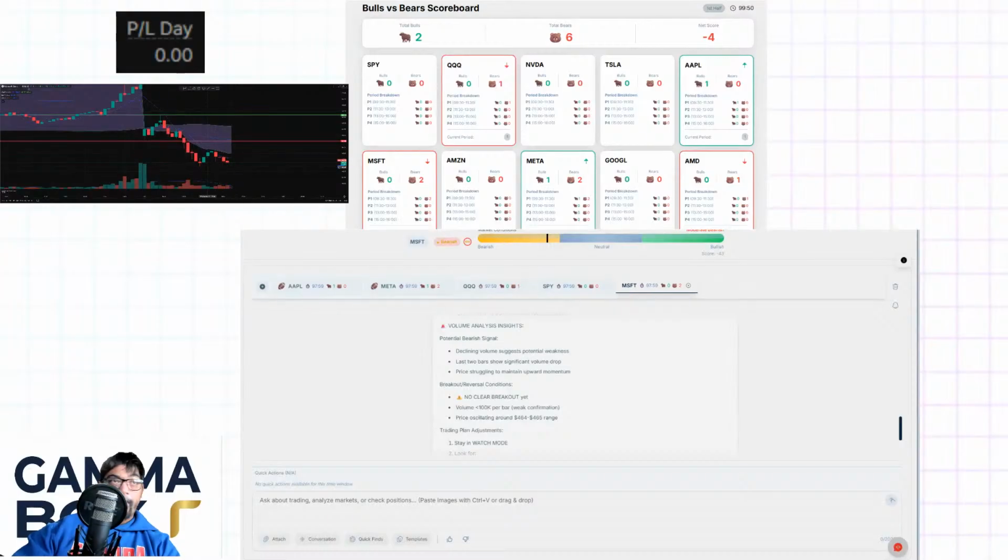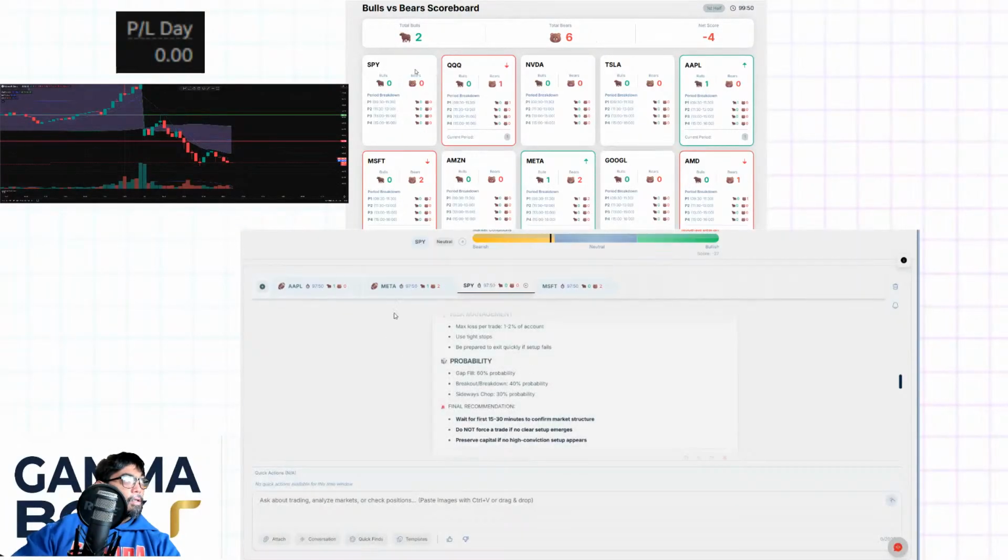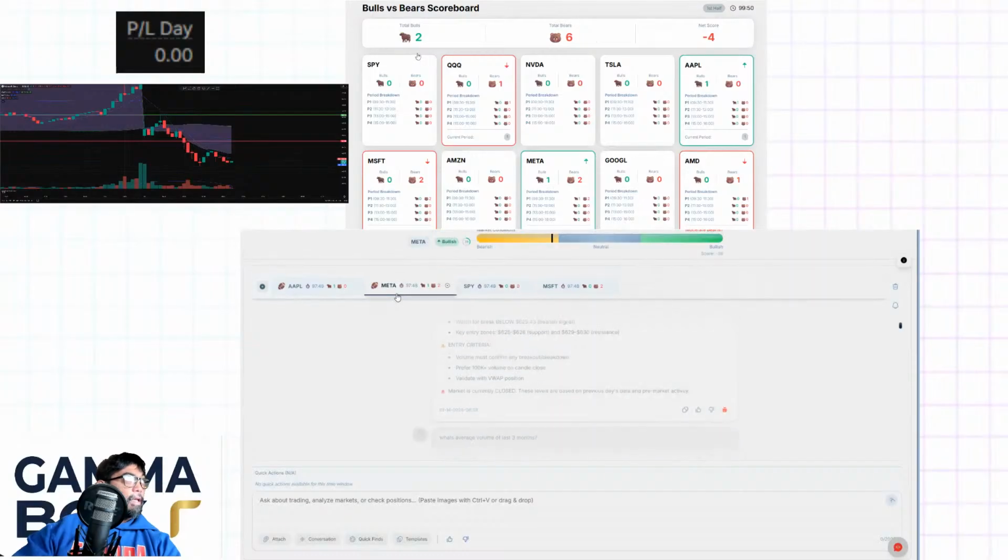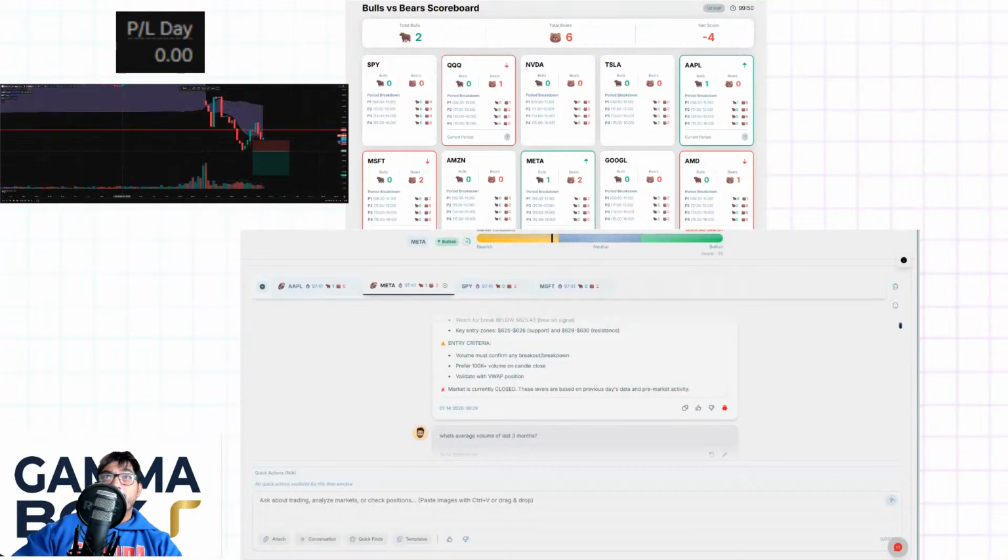Yeah, we'd have to wait for a bar to pick up. SPY's kind of mid neutral. Meta is, it almost seems like there's an opportunity here, but the volume.